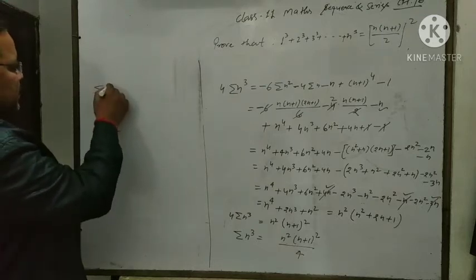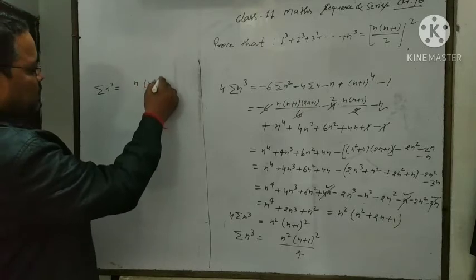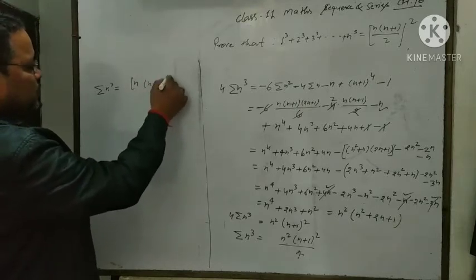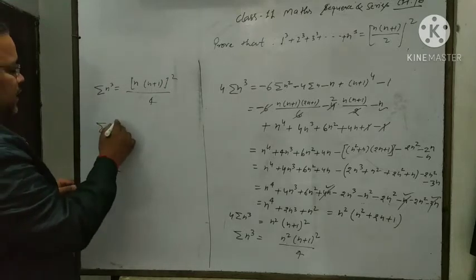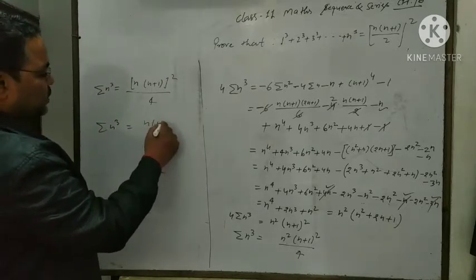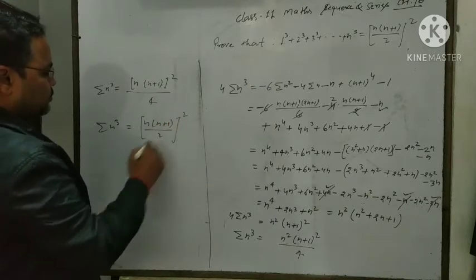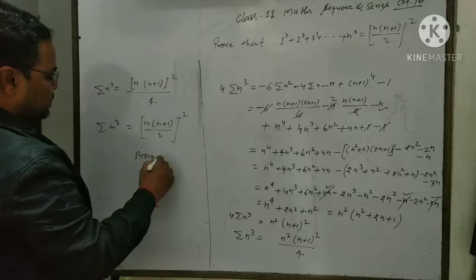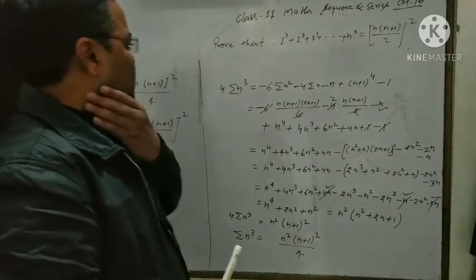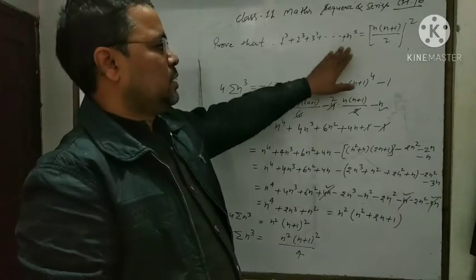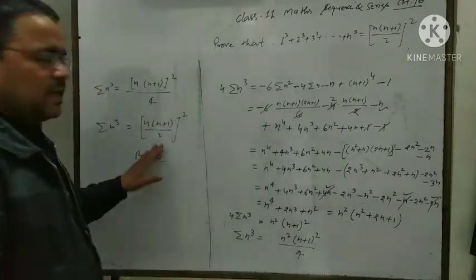Then sigma n cube is n into n plus 1 whole square by 4, or simply we can write sigma n cube is equal to n into n plus 1 by 2 whole square. In this way we can find the sum of the first n cubes is equal to n into n plus 1 by 2 whole square, like this way.